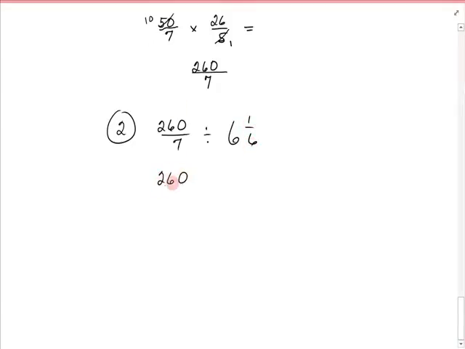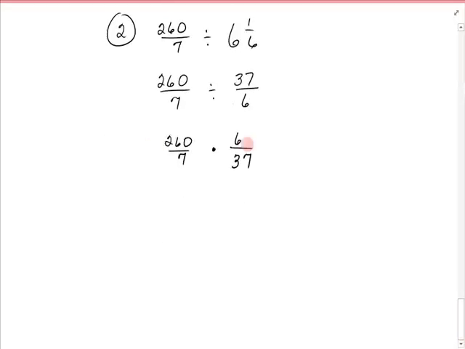I have one, 260 over 7 divided by 6 times 6 is 36 plus 1 is 37 over 6. Keep, change, flip because it's division. So it's 260 over 7, change, flip that fraction.